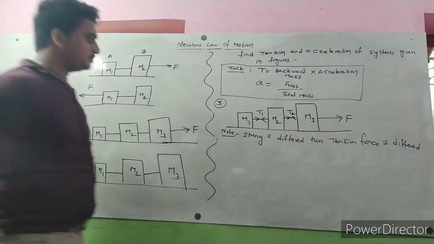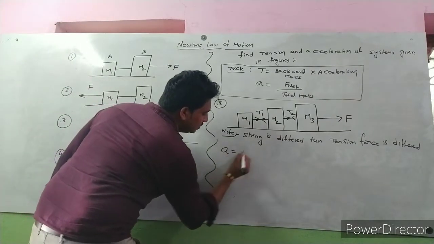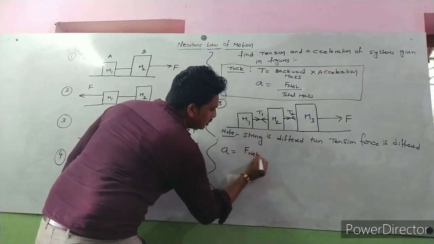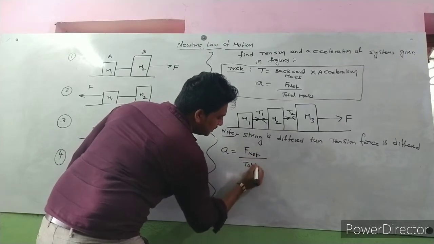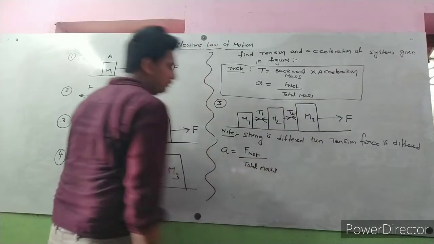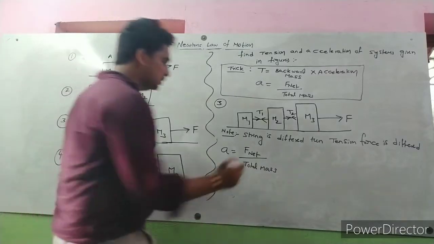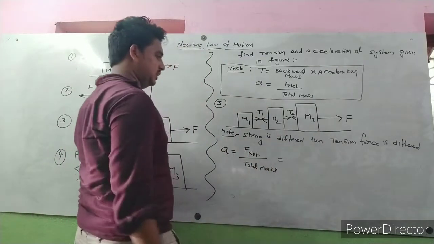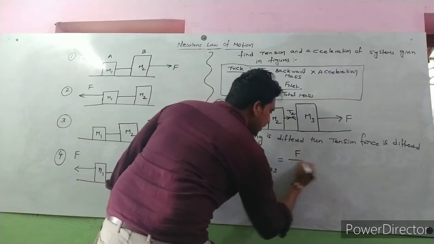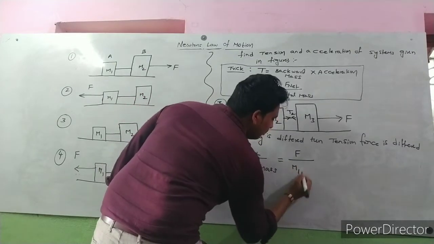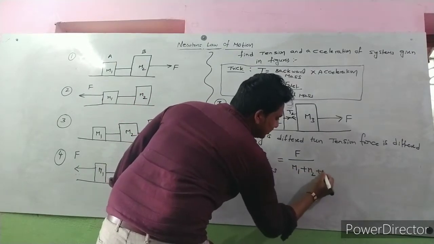So from this, acceleration is the same formula, net force by total mass. Net force F by total mass m1 plus m2 plus m3.